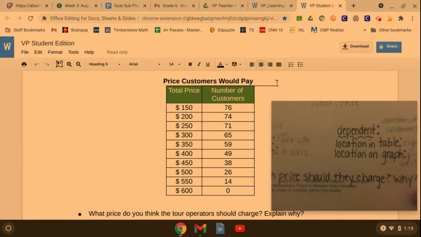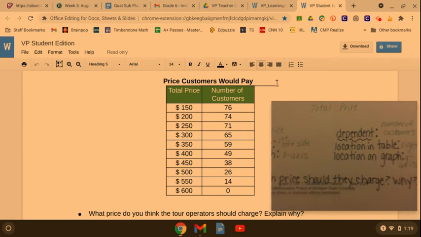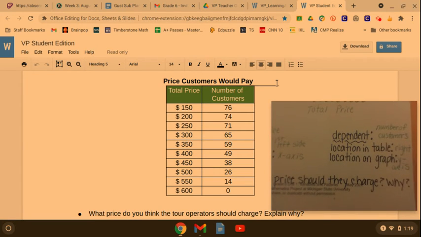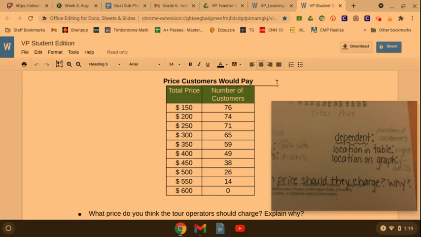Okay. So the next thing we have to do, and you again can pause if you need to. Next thing we have to do here is make sure that we can number our graph. So looking at the numbers in our table, we know if price goes across the bottom, it looks like we're working with 150 all the way to 600.